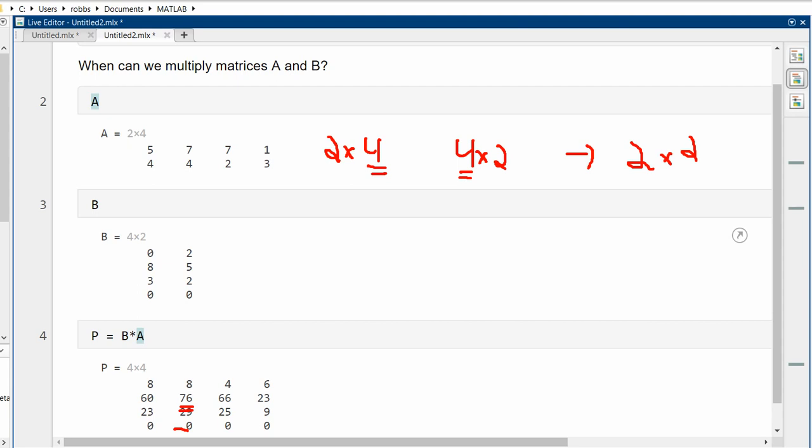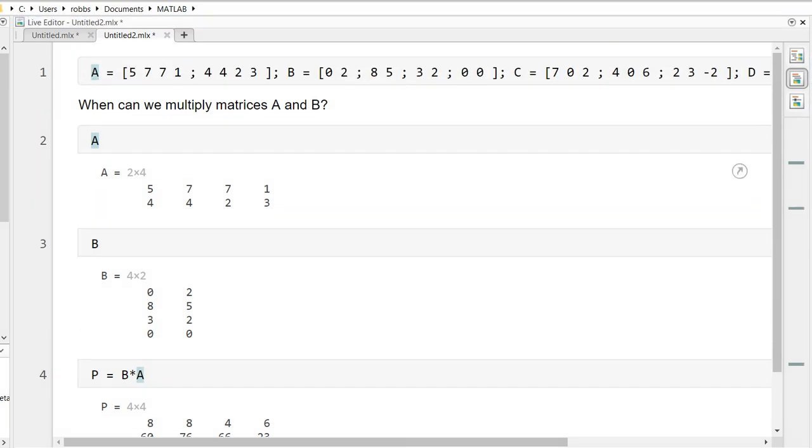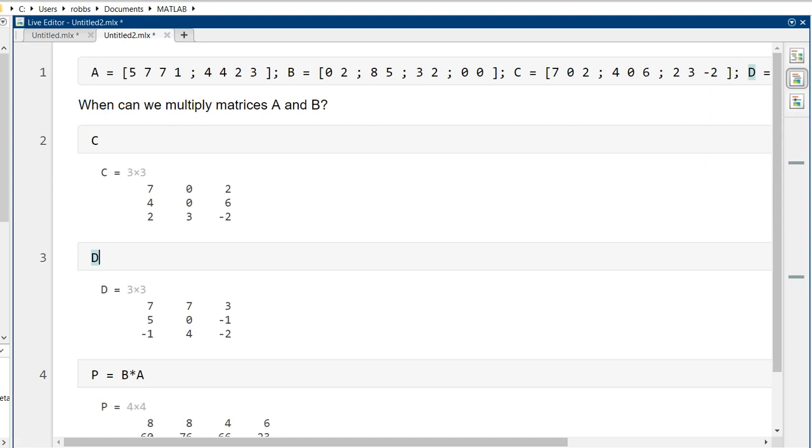Okay. So what about C and D? Well, C and D are both 3 by 3 matrices, so we know we can multiply them in either order.